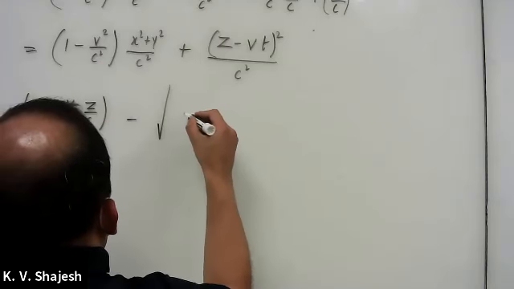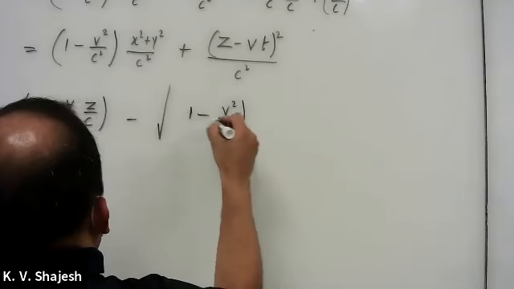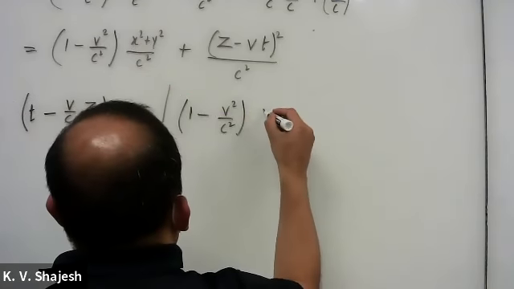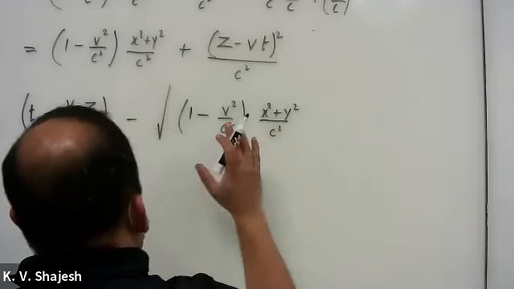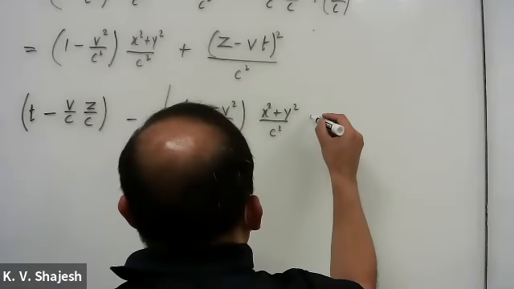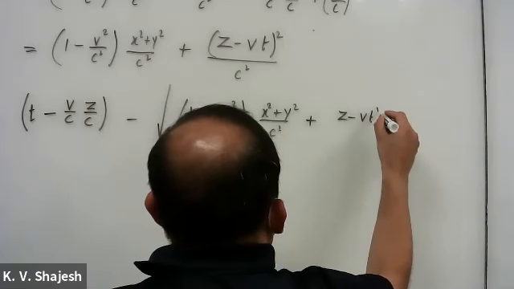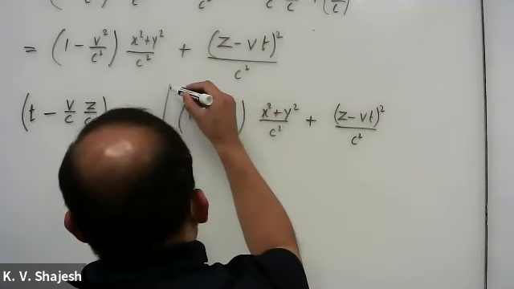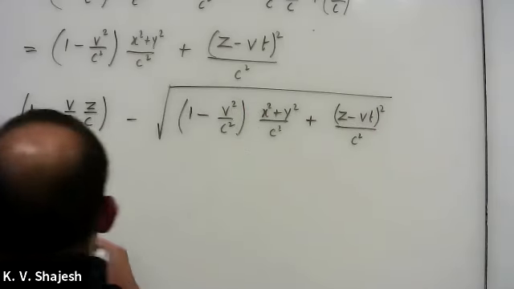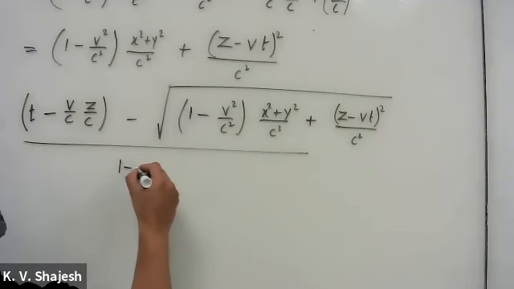And let me write this as 1 minus v squared over c squared. And whatever structure we are seeing here, this will stay. It cannot be simplified further than this because Lorentz transformation treats the direction of velocity differently from other directions. It's divided by 1 minus v squared.